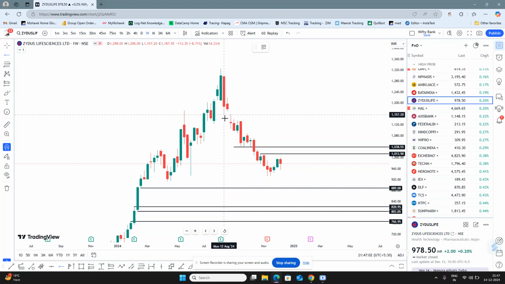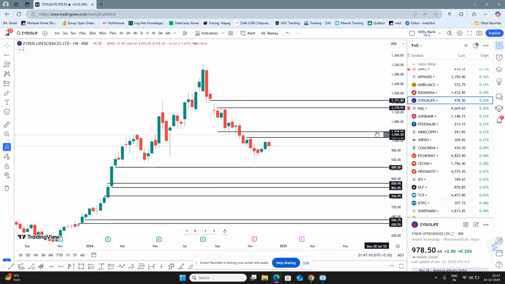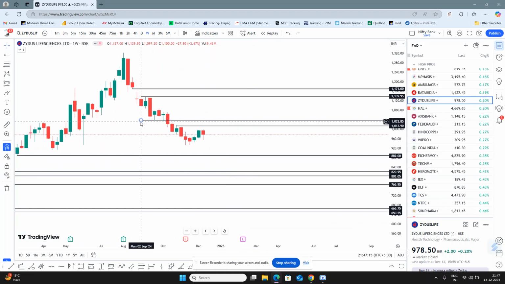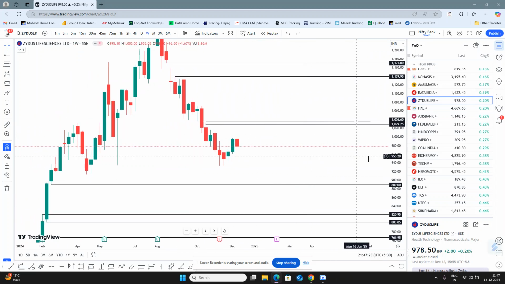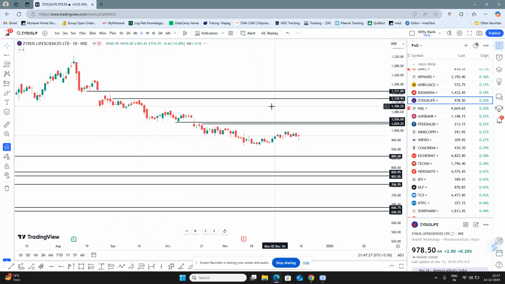So when there is no gap here, no gap here, here a gap is needed, right? So these are the selling points in Zydus Life. This can be a selling point in Zydus Life on weekly.